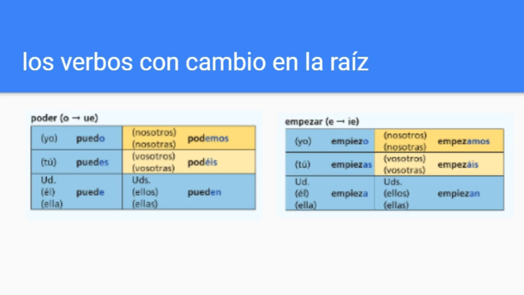Los verbos con cambio en la raíz. These are stem changing verbs. You should be familiar with these, and we did a project on these this unit. Poder, to be able to, the O changes to UE when it is stressed. When it gets the stress, it splits into UE. Not every form stresses that O, and so you're not going to get a change where it's not stressed.